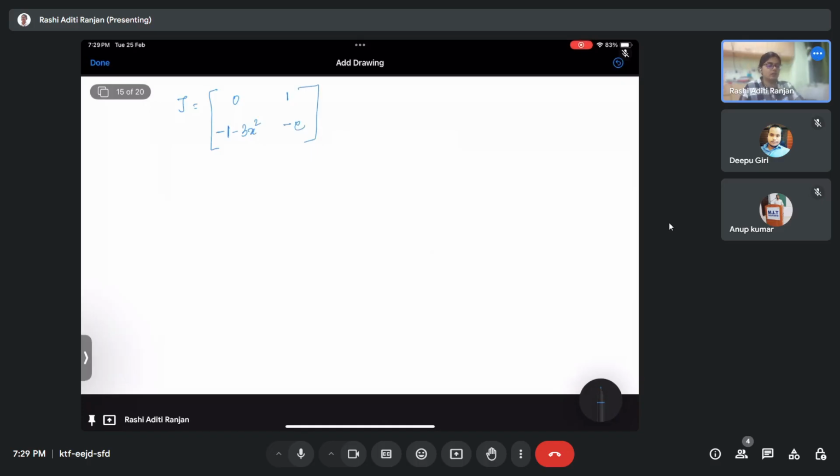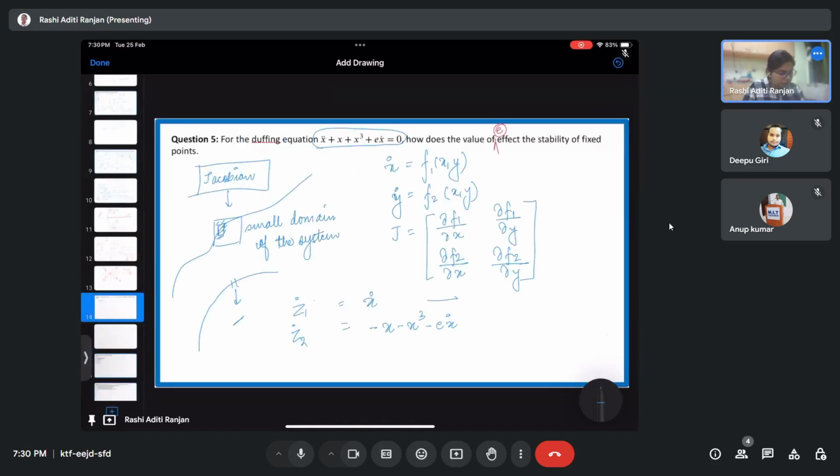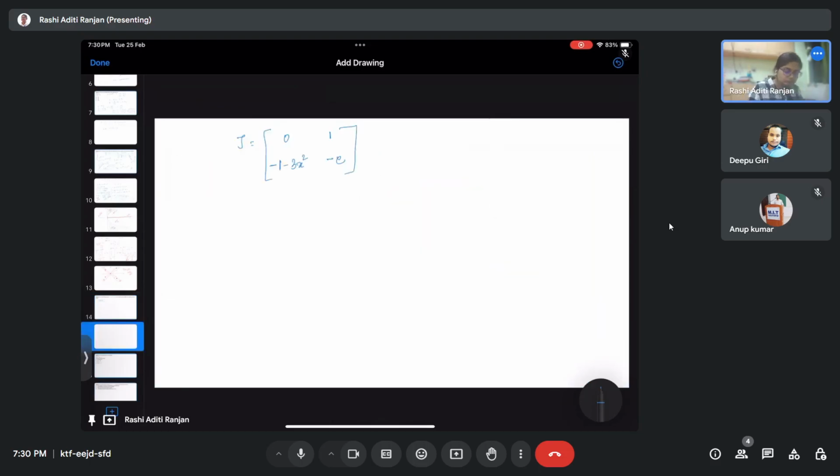Okay. This is going to be nothing but the Jacobian matrix. We differentiate it with respect to what? With respect to x and x dot. I hope this was clear that this was f1, this was f2, x was x only, and y was nothing but x dot.